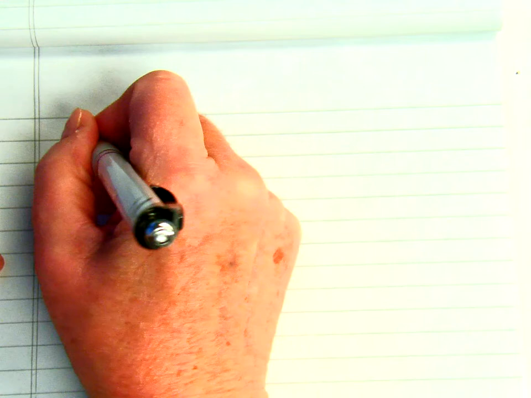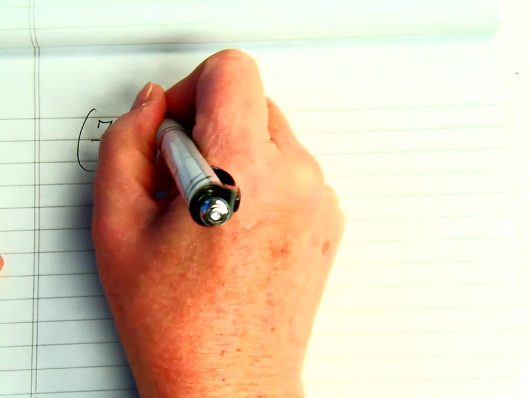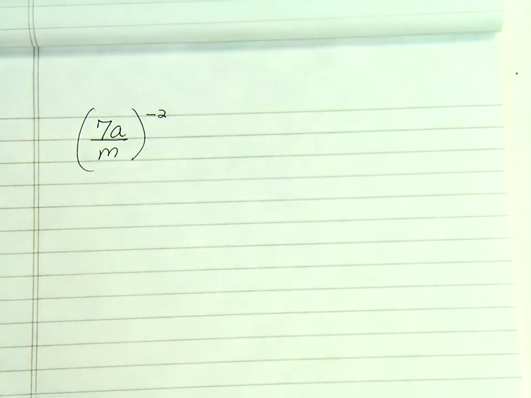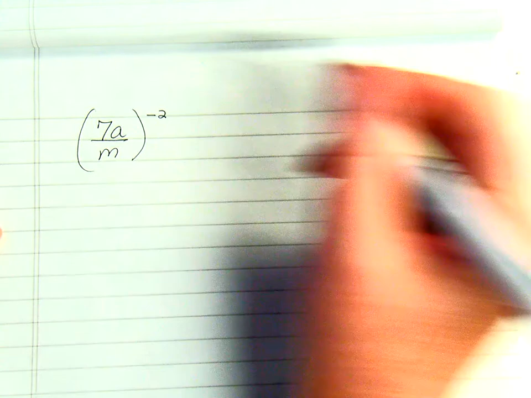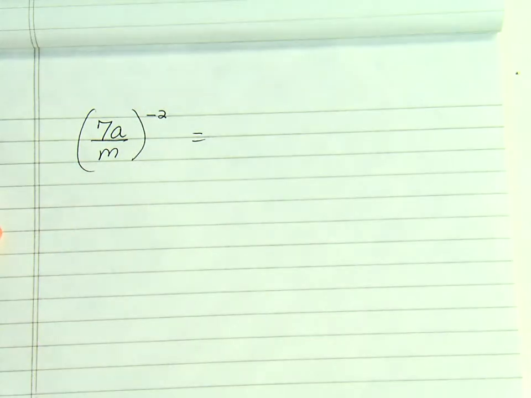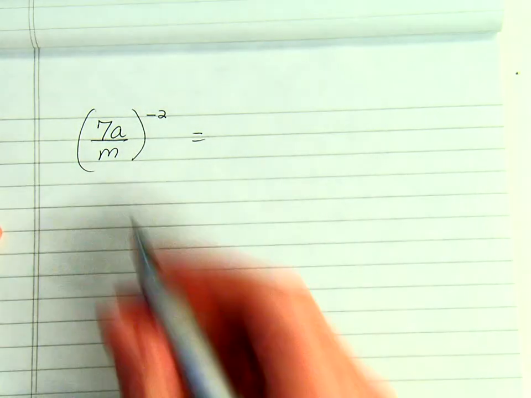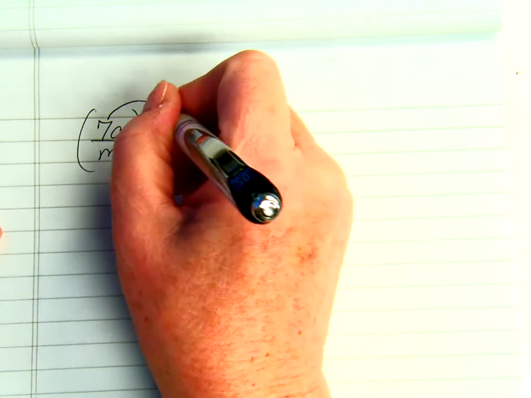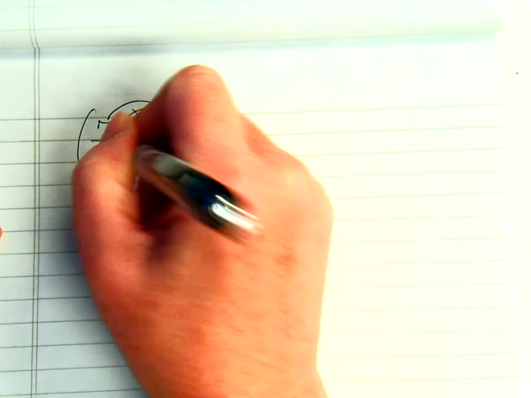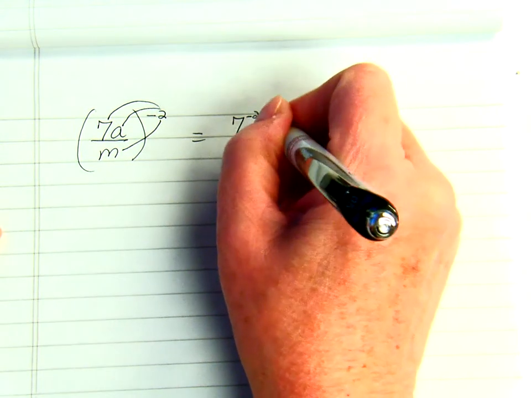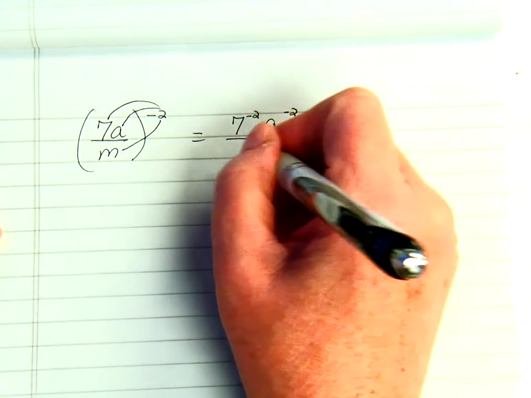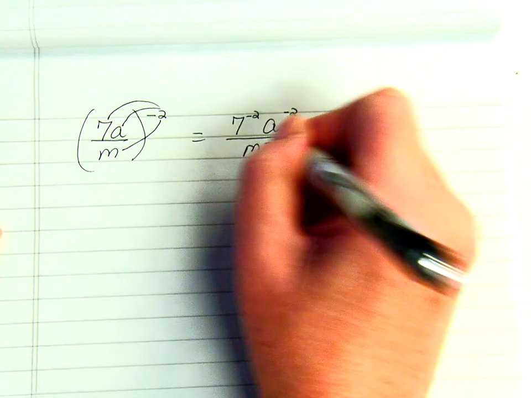7a over m, and we are going to raise this to the -2 power. So we're doing a whole lot of negative stuff now. Okay, so remember, everything inside that parentheses gets this. The 7 gets it, the a gets it, the m gets it. So 7 to the -2, a to the -2 over m to the -2.